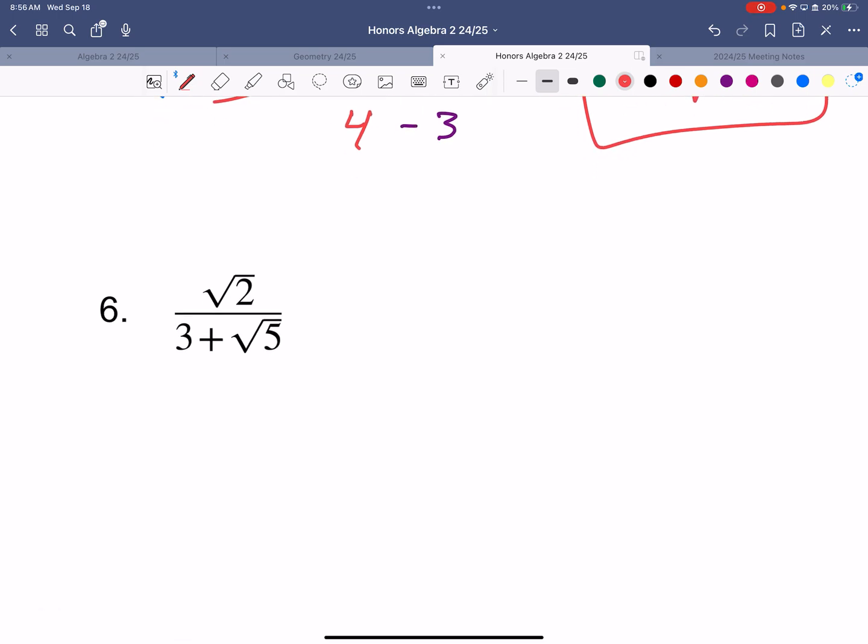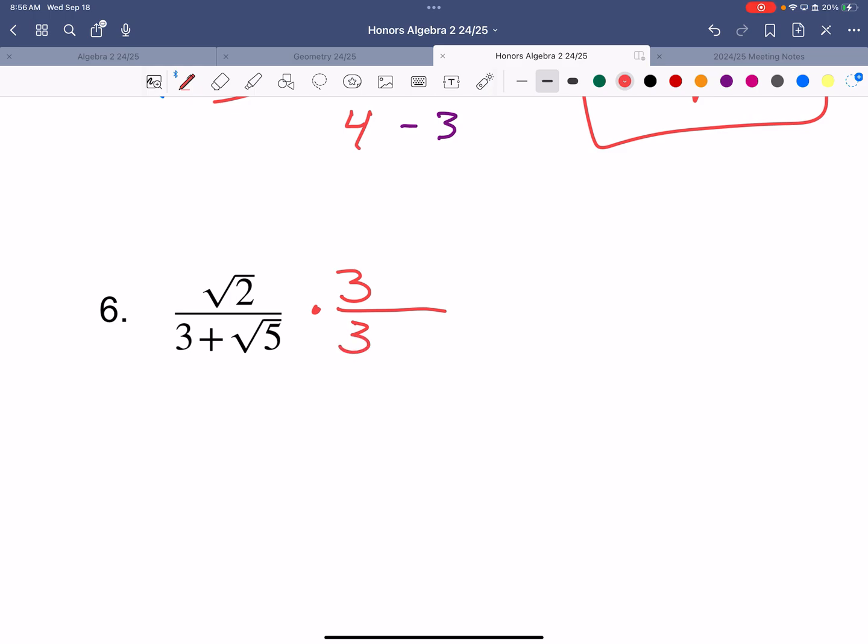So we've got radical 2 over 3 plus radical 5. The first thing we want to determine is, what's our conjugate? What are we going to multiply it by? We leave the number alone, so it's going to go both in the numerator and the denominator.